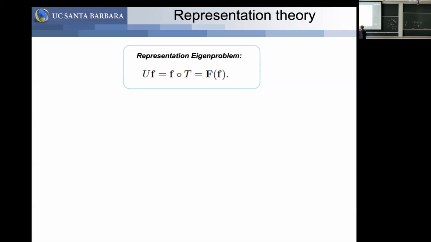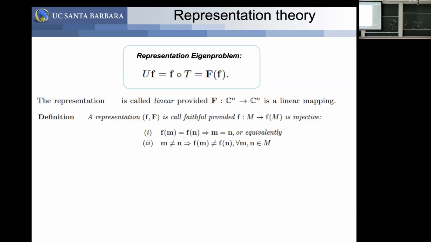But here is a nice thing. You can ask, well, when do I have a linear representation? And the answer is very precise. If you have a point part of the spectrum, you will have a linear representation. If you have a continuous spectrum, you will not have it.